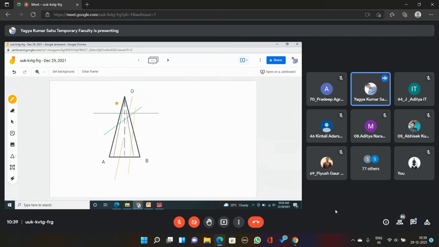Or it can be exactly perpendicular to the base. What is the name of this hyperbola when the section plane is exactly perpendicular to the base? That is called rectangular.